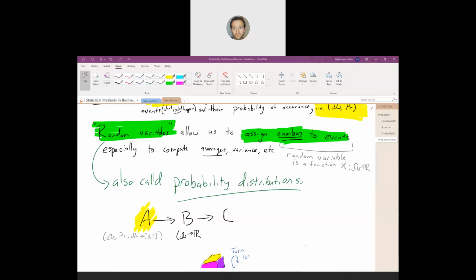Okay. So probability spaces are used to build random variables.